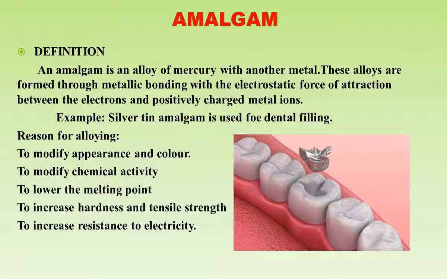If you take a metal directly, it takes a high temperature to melt. In an alloy, it takes a lower temperature to melt. Alloying also increases hardness and tensile strength, and increases the resistance to electricity.